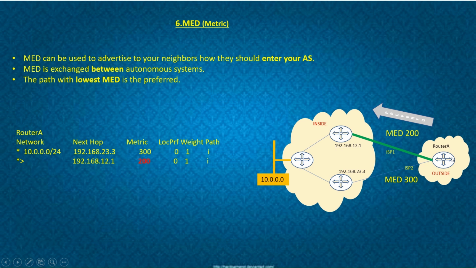For example, here again we have a 10 network, a server in our organization, and we want that if anyone from outside is trying to access the 10 network, they always prefer the ISP1 connection.